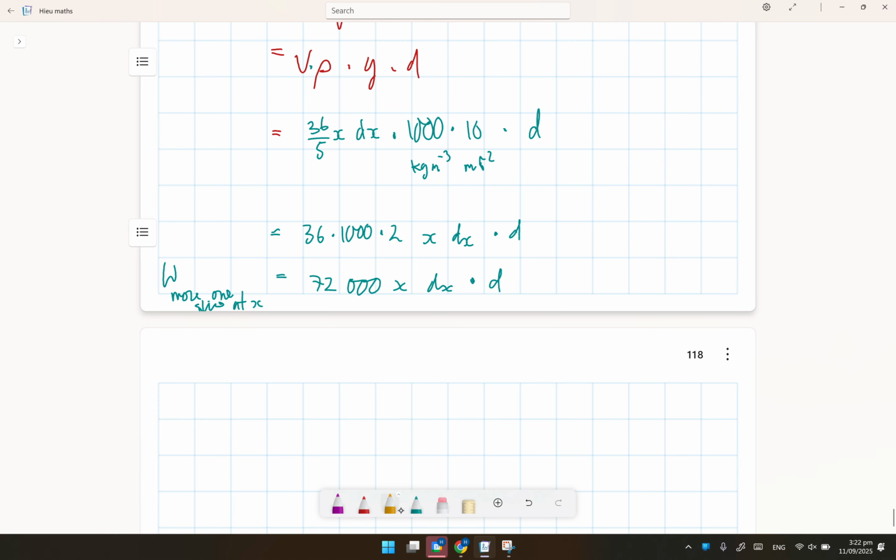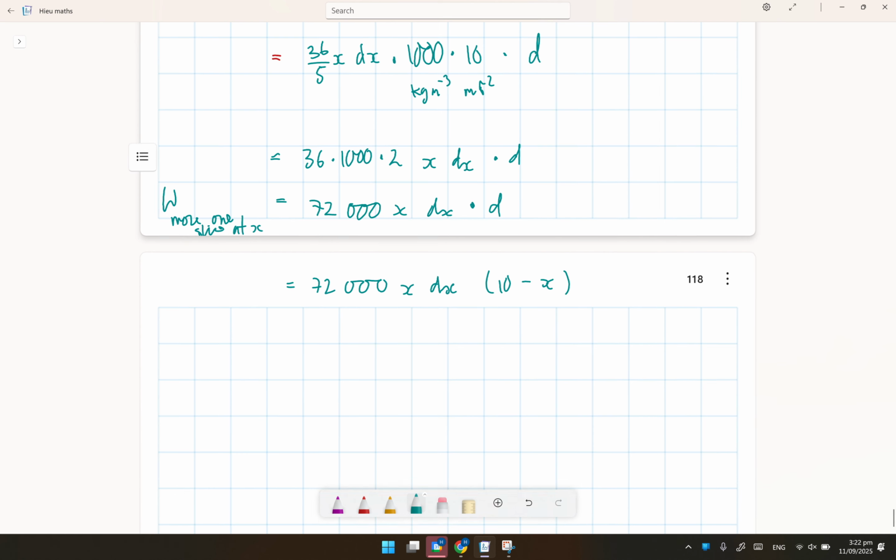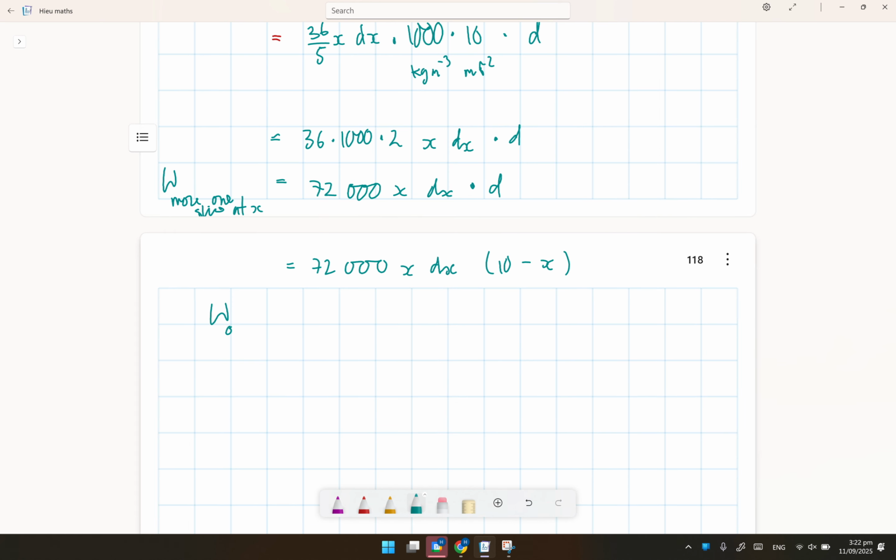So the distance is equal to 10 minus x. And this is our equation for the work done of one slice at x to 10, which is equal to 72,000 multiplied by 10 minus x multiplied by x dx.